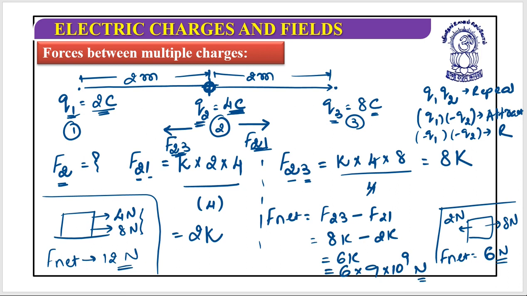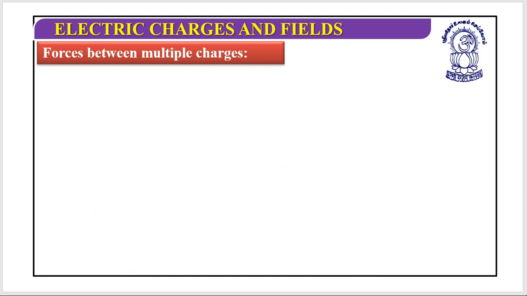Based on the directions, I will decide whether I need to add up or subtract. If two forces are in the same direction, I need to add up. If two forces are in different directions, I need to subtract. Is it clear? Comfortable? Yes. Let's move on with more examples.